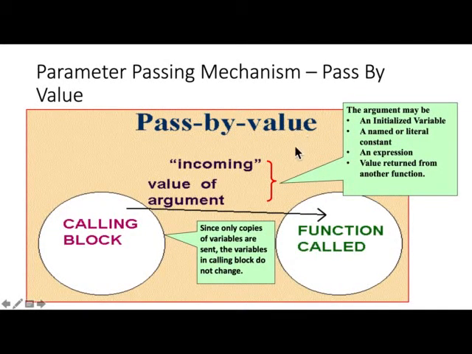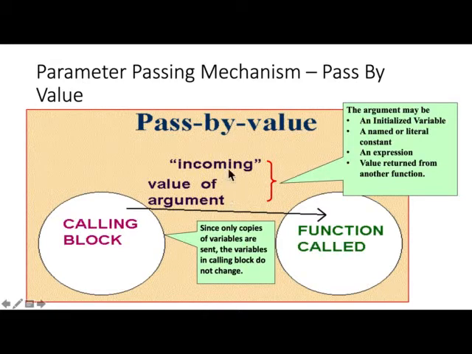Okay. So in pass by value mechanism, an incoming value of the argument is sent to the function that is being called from the calling block. And obviously, since I'm making a copy of this into here, this variable here that's being passed cannot be changed, cannot be affected.